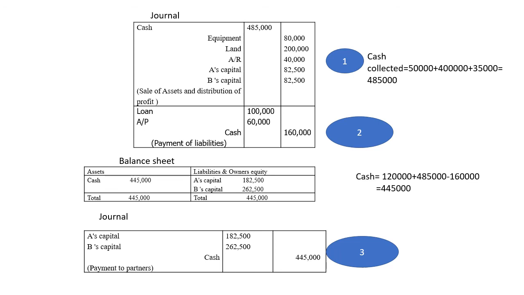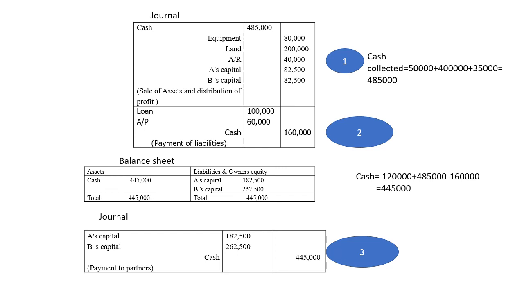Then you are required to prepare the balance sheet after liquidation, after selling the assets and after the repayment of the liabilities. You notice that you only have cash. And the cash is calculated by the cash in, which was 485,000. You add to it the cash that you already had in the beginning balance sheet, and you subtract from it the cash going out, which was 160,000. If you look at the given balance sheet, the cash was 120,000.